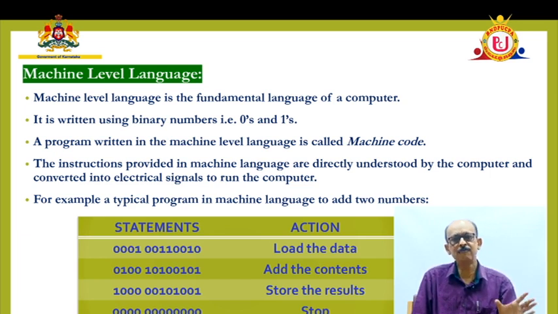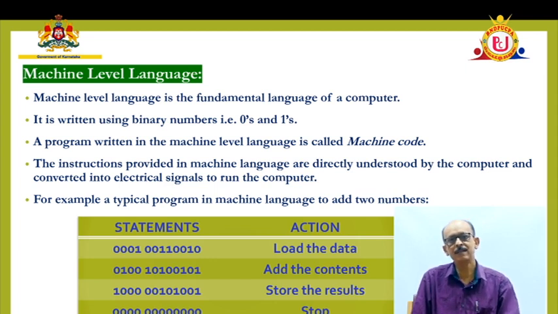Only a certain set of people could understand this language, because if it is written in zeros and ones, common people cannot understand it. It is written using the machine understandable language only. Because computer understands zeros and ones according to our specification, our understanding.